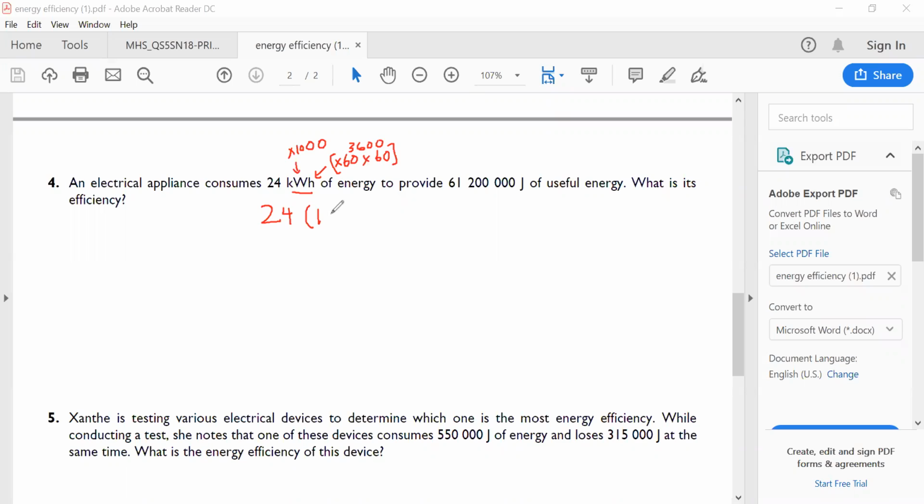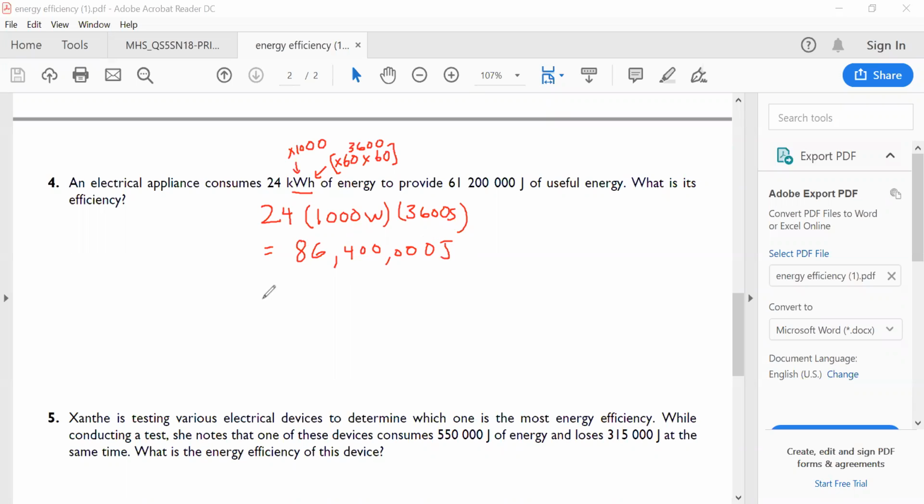So I have 1,000 watts, which represents the kilowatt, and 3,600 seconds that represents the hour. If I multiply everything out, 24 times 1,000 times 3,600, you end up with 86,400,000 joules of energy being consumed.